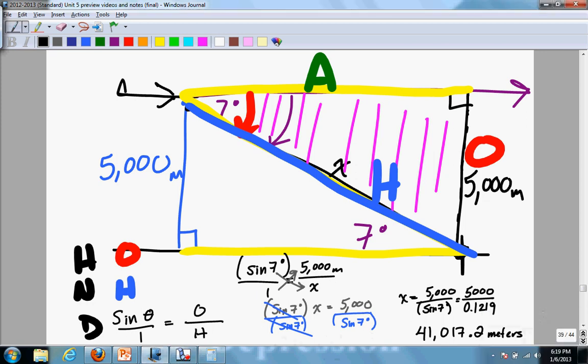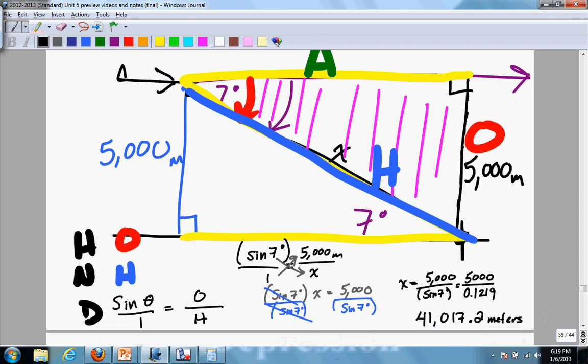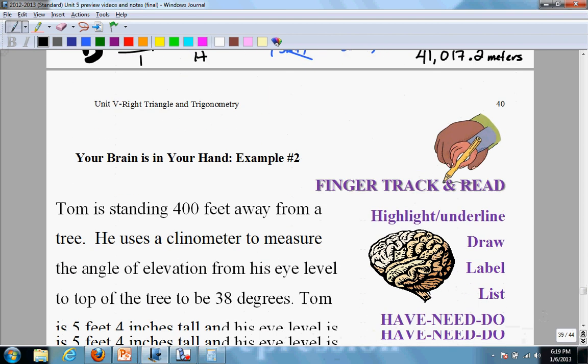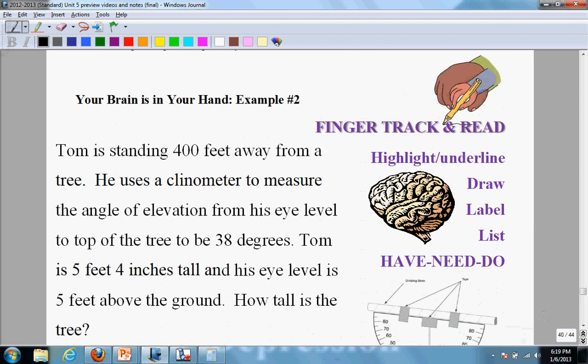Let's try another one. We're going to finger track and read, highlight and underline at the same time. Tom is standing 400 feet away from a tree.